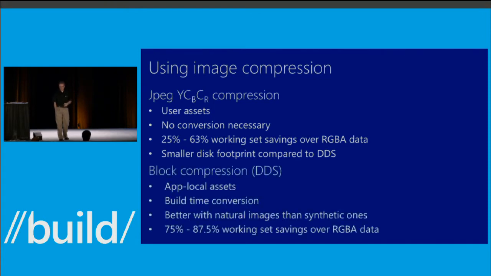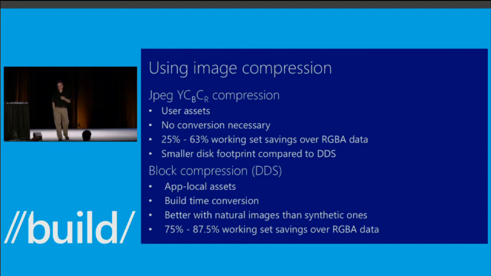For block compression, the DDS file format, think about these as your app-local assets. These are things that you're going to use as a part of your build process. In my experience, natural images, things that are smoothly varying, work and you won't see any artifacts.